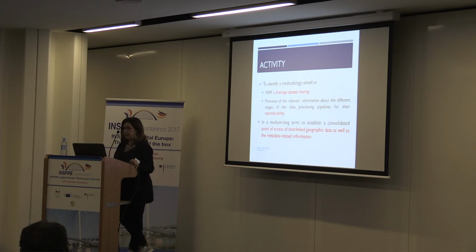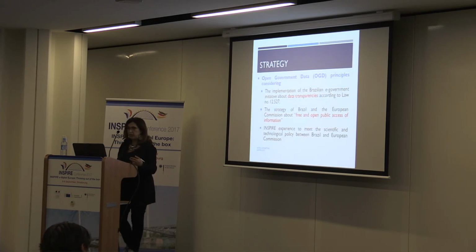And the other keyword of our cooperation is a common point of access. And we want, in the long-term vision, I mean not too long, of course, to create a point of access of interlinked geographic data as well as the metadata for them.